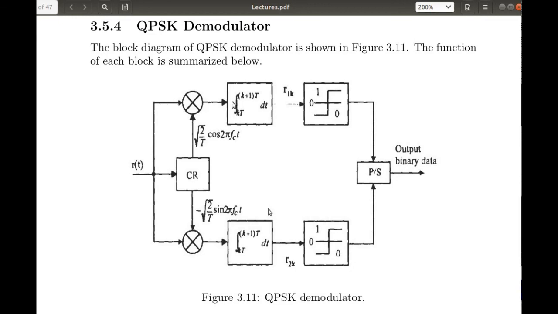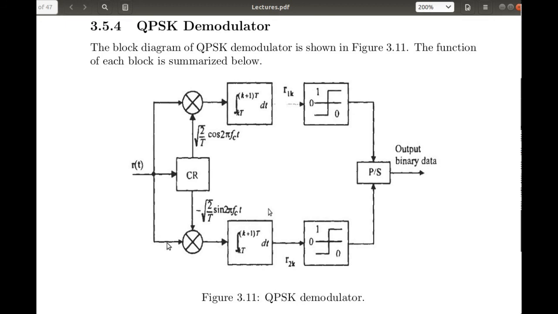We passed it through the upper branch, multiplying it with psi 1 of t, the cosine carrier, and the integrator gave us a positive number that was applied to the threshold detector. In the simulation we used the signum function, and it gave us a 1 for a positive value.